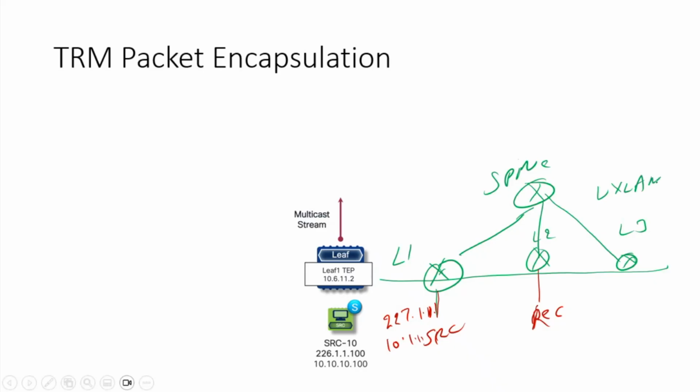VXLAN is encapsulation. That means the packet coming from here will be entirely encapsulated in a different packet, a multicast packet. And then that encapsulated packet will be sent to all the leaf interfaces of that VNI.